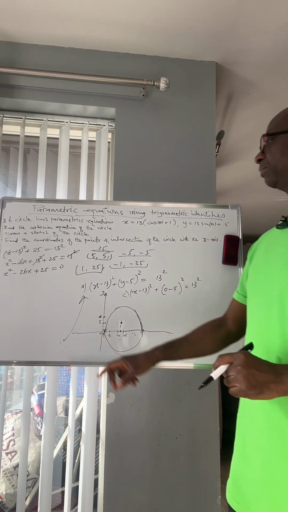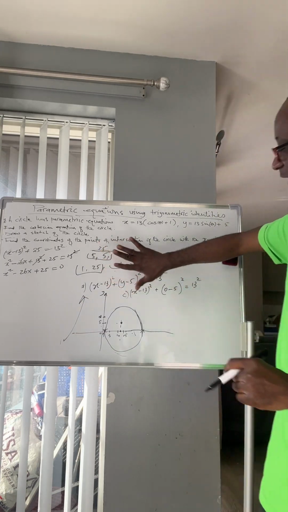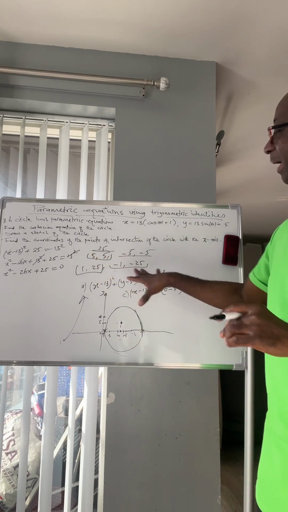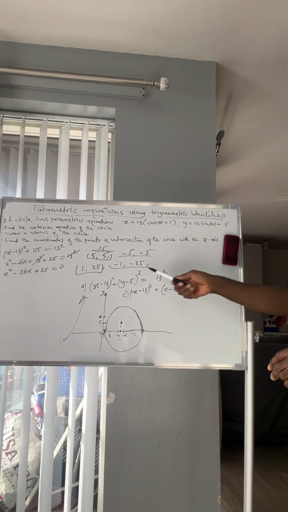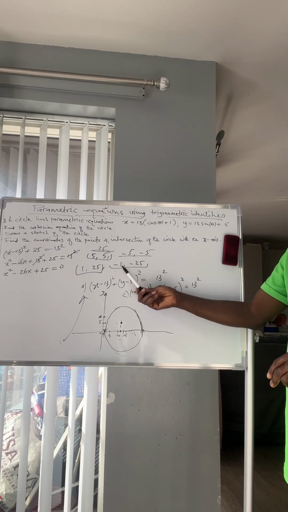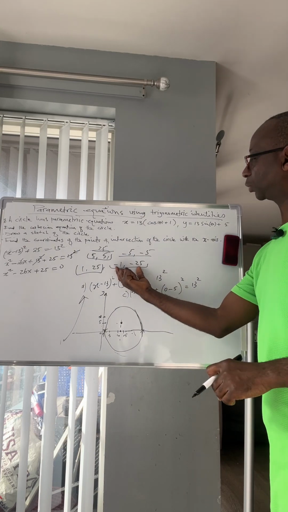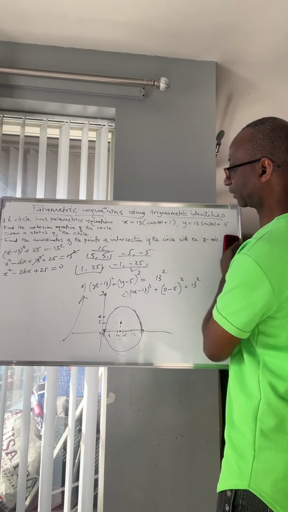When you multiply them, you get 25, since these are already factors of 25. So you just look at which ones to add and get minus 26. Our best candidate is this one: minus 1 plus minus 25, you get minus 26. So this is what we are going to work with.